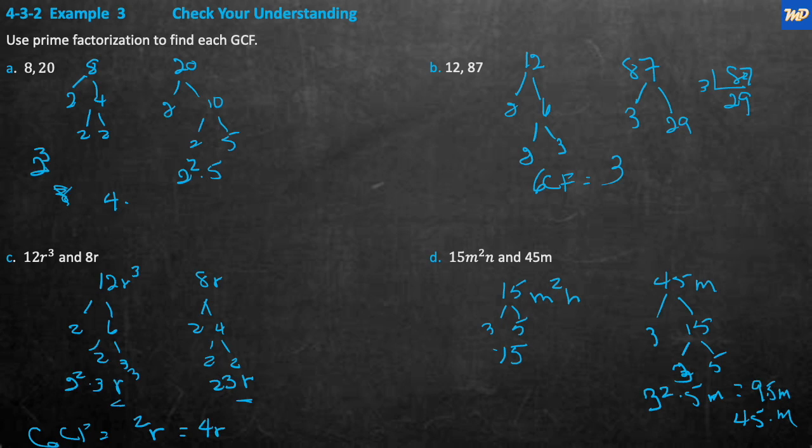The highest we've got is a single m. So it's 15m. There's an n here, but there's no n over on this side. So the GCF is 15m. I'll write it, 15m. Right there. Okay.